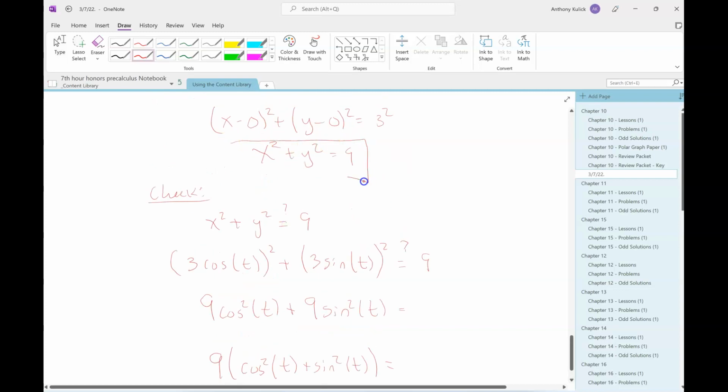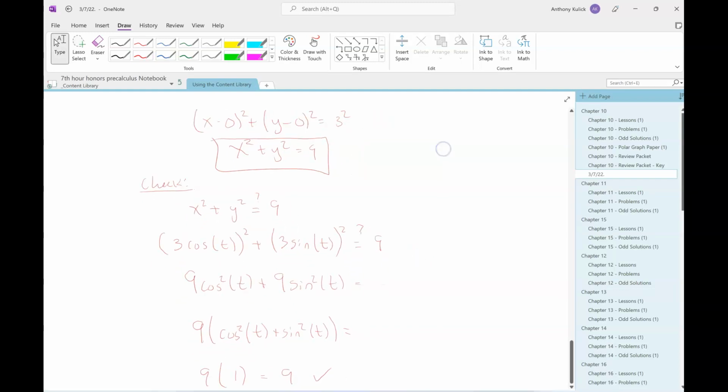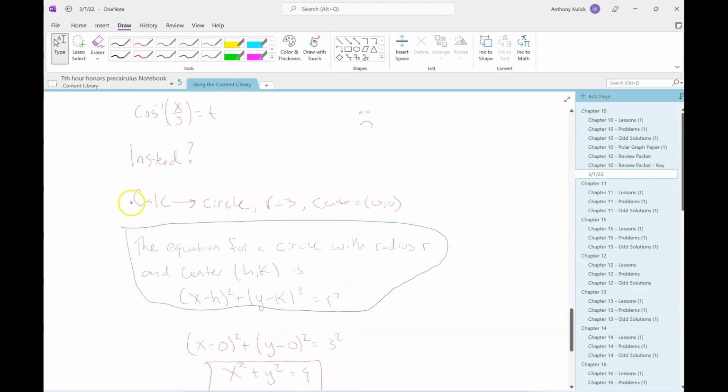So this thing is super correct. What do you guys think? That equation we were checking, that's the equation for our circle? Yep. And that was the picture we got from the calculator.